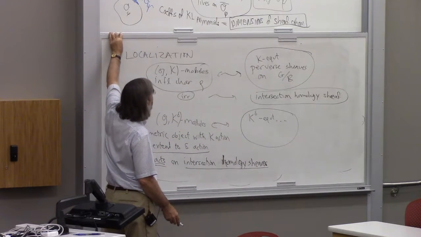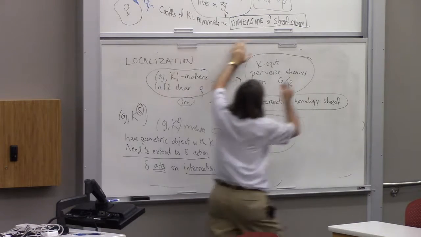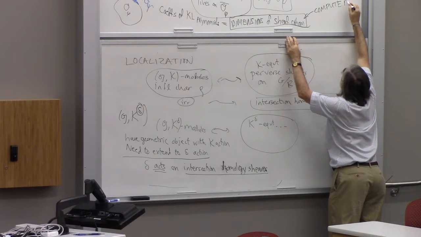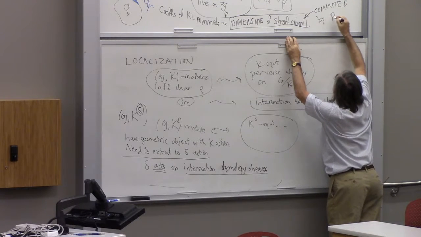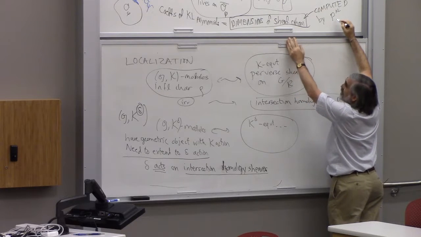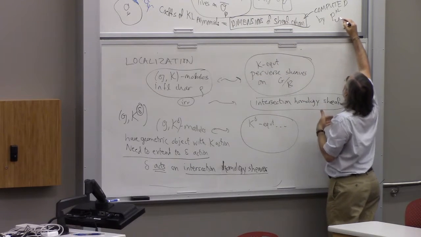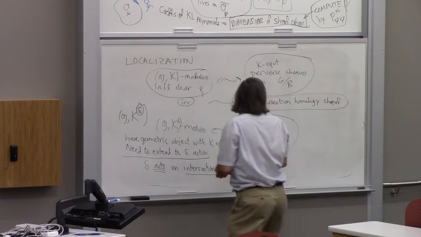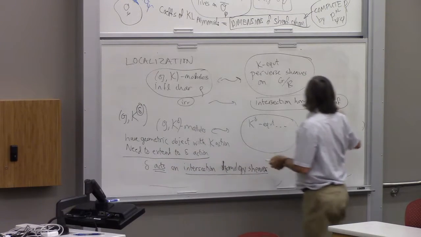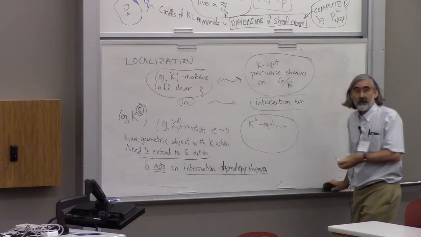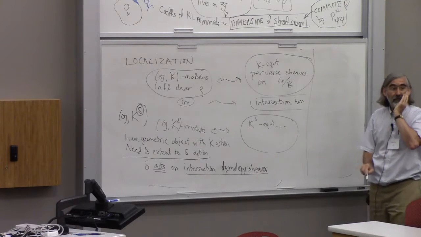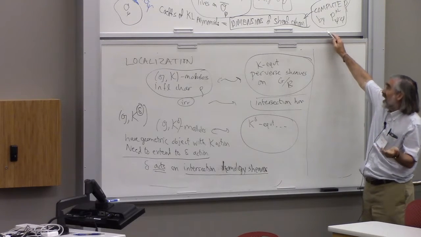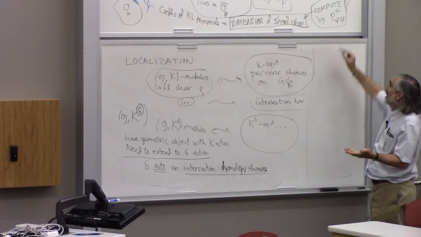Up here, so yeah, I should have said these are computed by these Kazhdan-Lusztig polynomials P psi phi or something like that. Yes, that's exactly right.